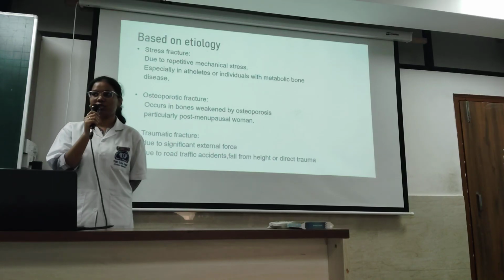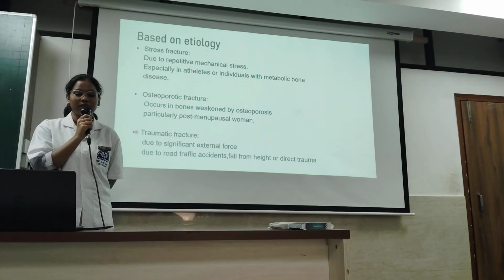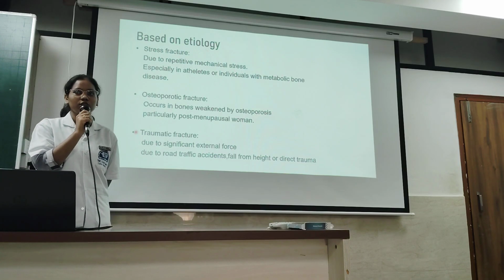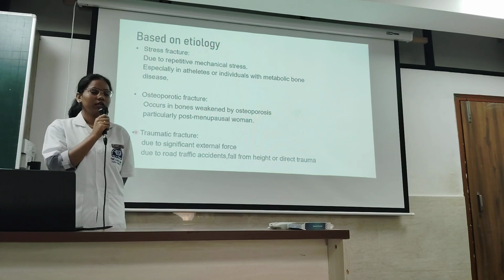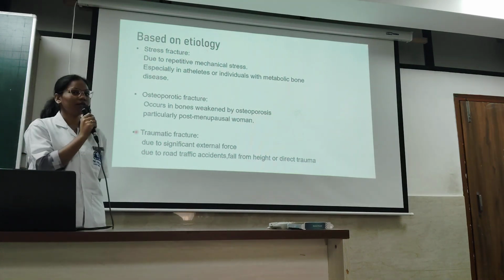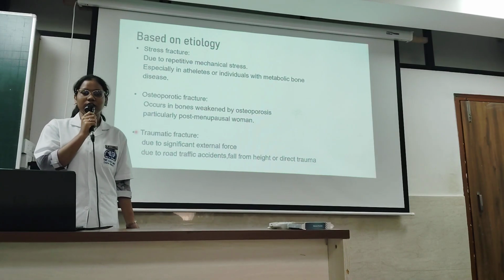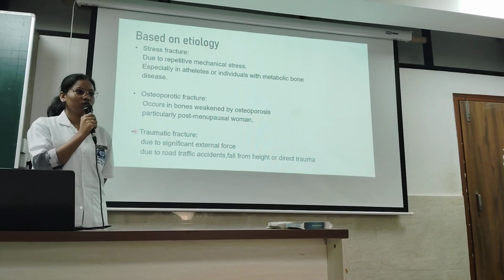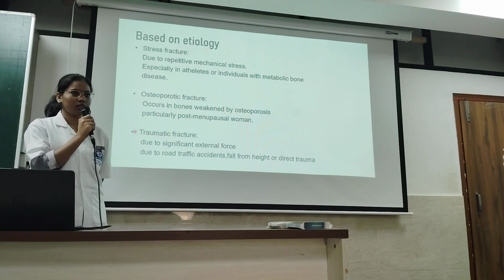The next classification is based on etiology, that is, the cause of the fracture. First is stress fracture. It is due to repetitive mechanical stress. It is generally a small hairline fracture, especially seen in athletes due to their high energy activities, or in individuals having metabolic bone disease.